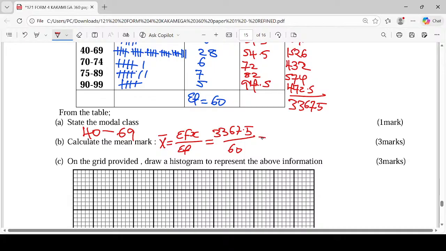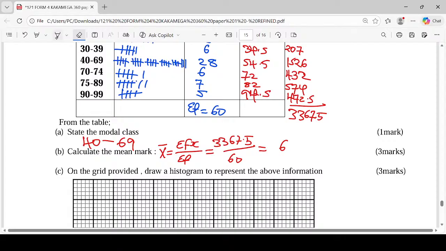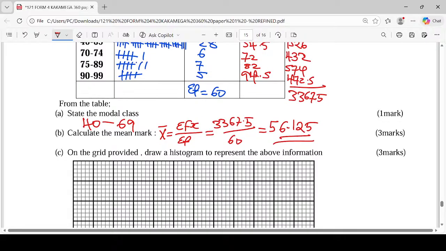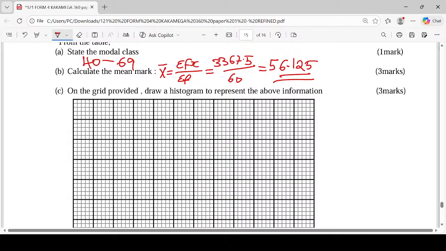So this gives you 56.125. Part C, on the grid below, draw a histogram to represent the above information.